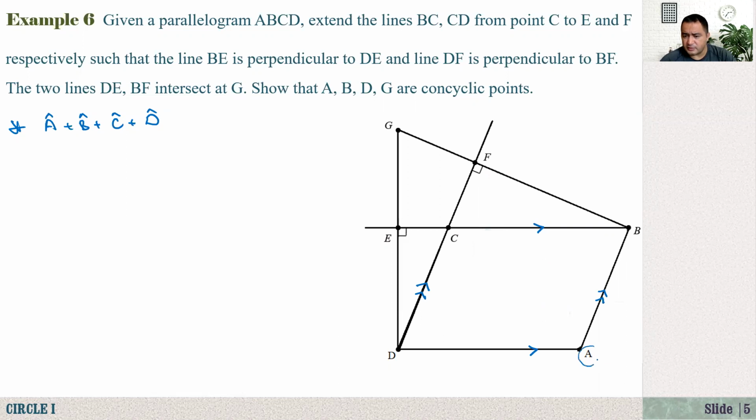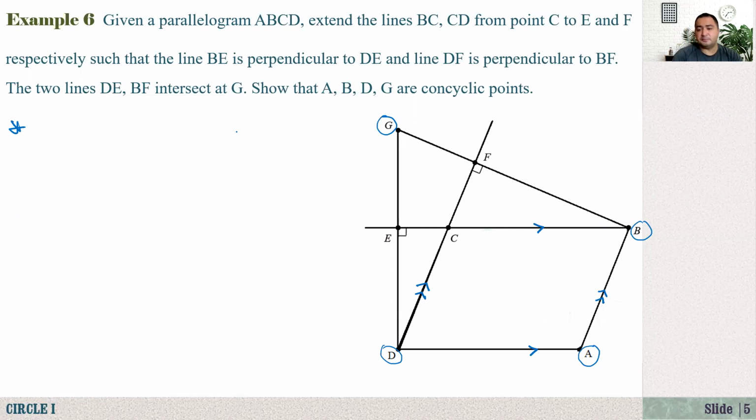Let me just circle them. Here we have A, and here we have B, and here we have A, B, D, G. Okay, let me just write here A, B, D, G, and here we have D. So we have to show that these 4 points form concyclic points, which means that we can draw a circle that passes through these points.